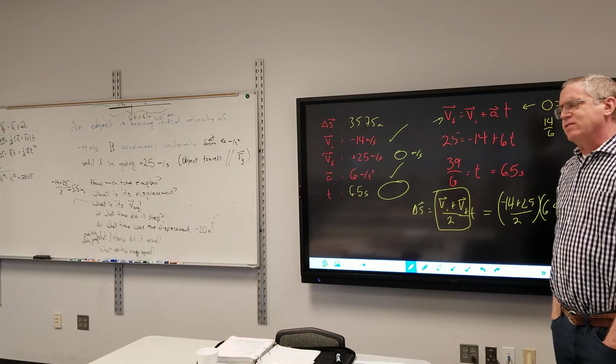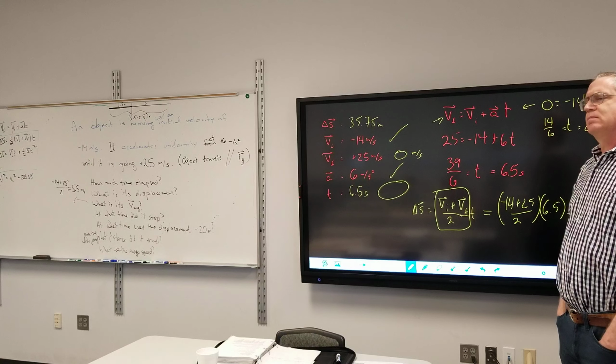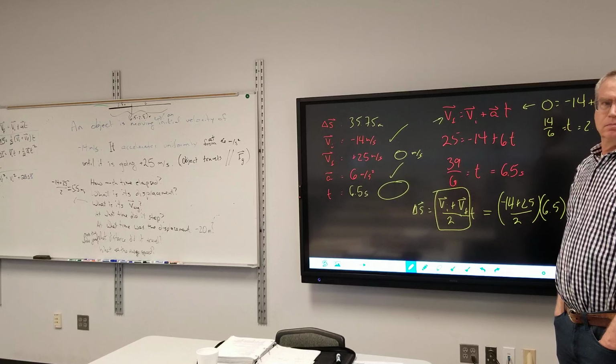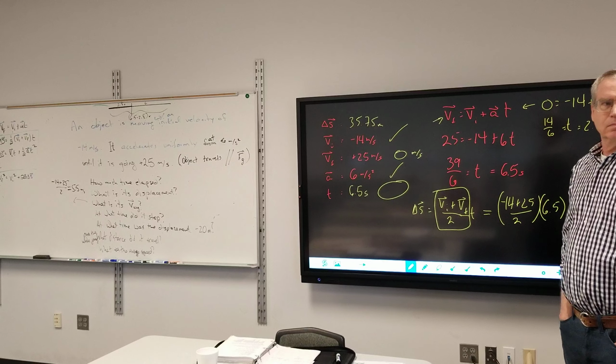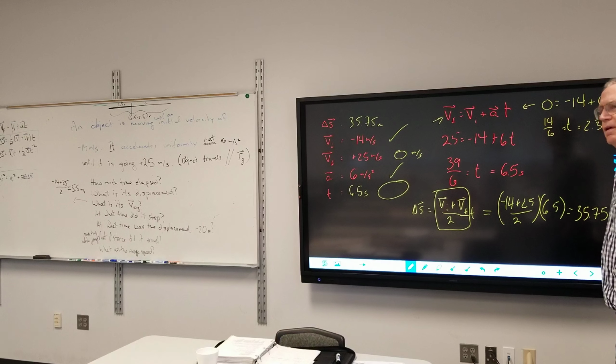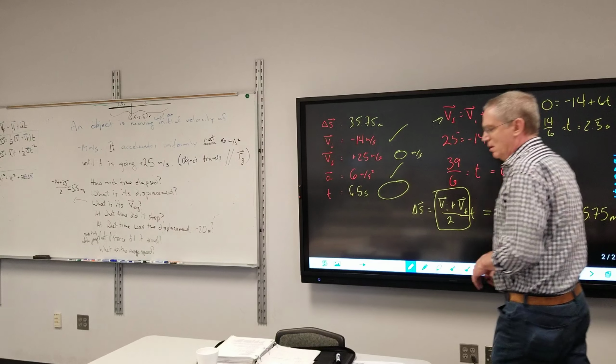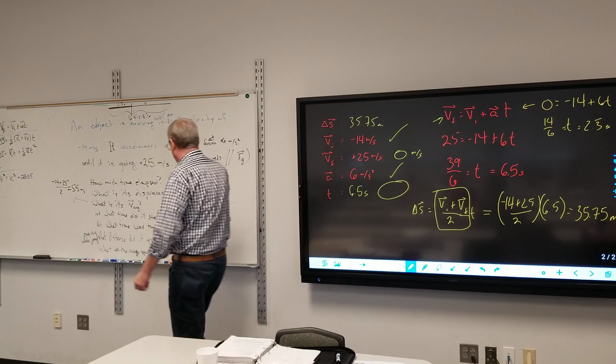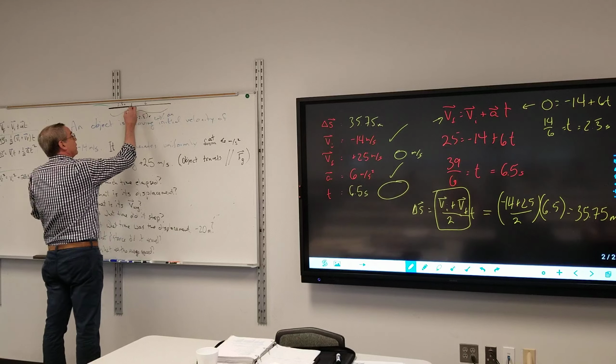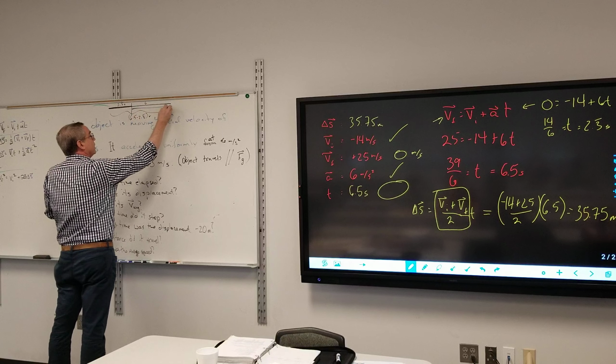So how do we find the distance it traveled? We multiply the seconds passed by the displacement? No, wait, that's wrong. Distance traveled is distance forward. We've already figured out the distance from here to here.